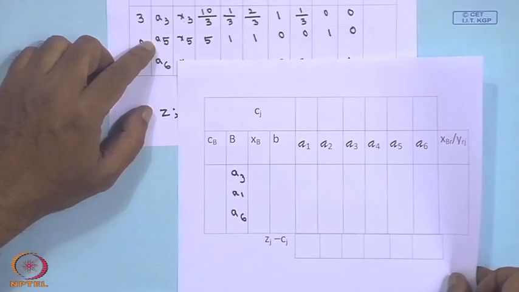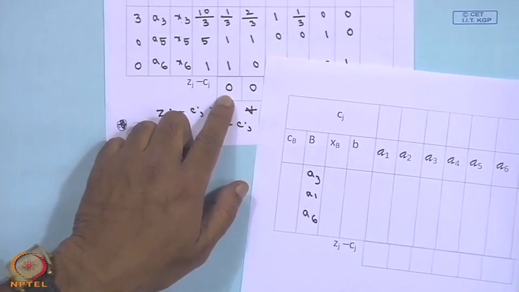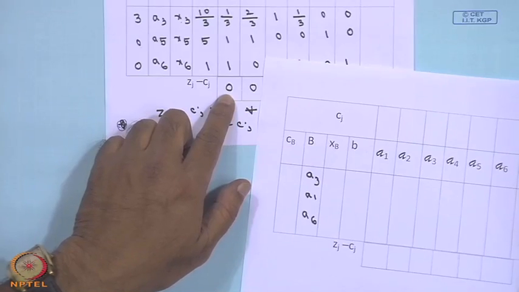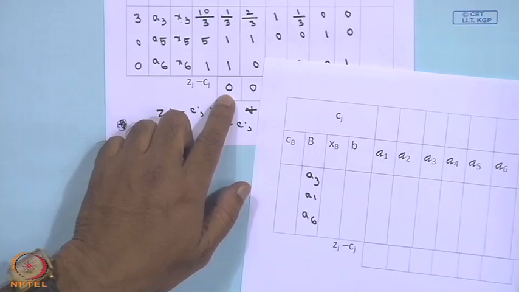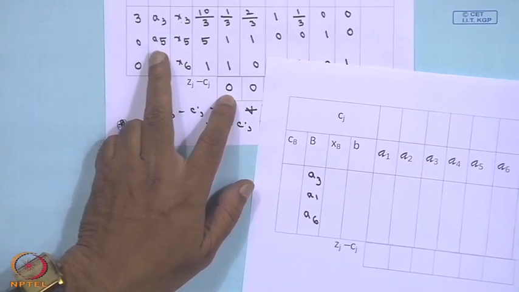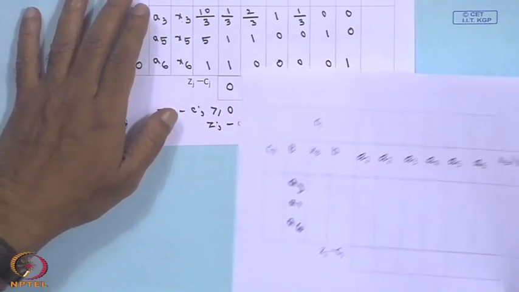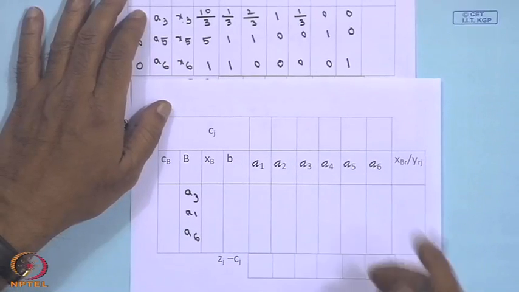So, we are replacing A5 by A1, and the reason is that Zj corresponding to vector A1 is 0. If we enter A1 into the basis, there will be no change in the cost function, and all other things will remain the same.